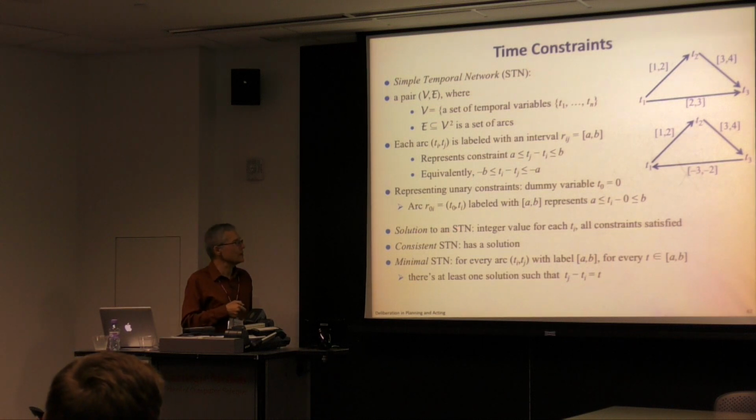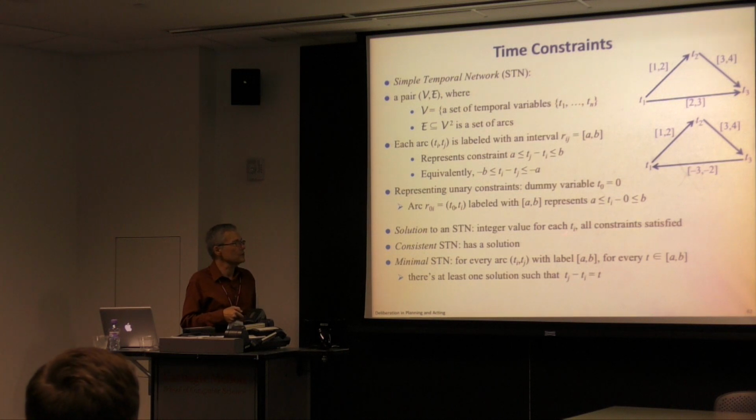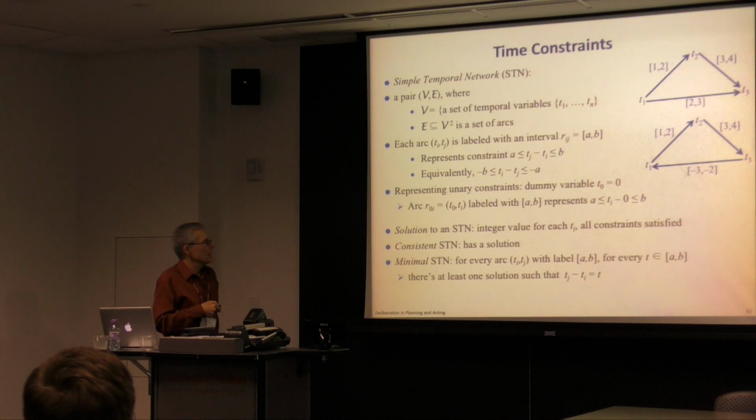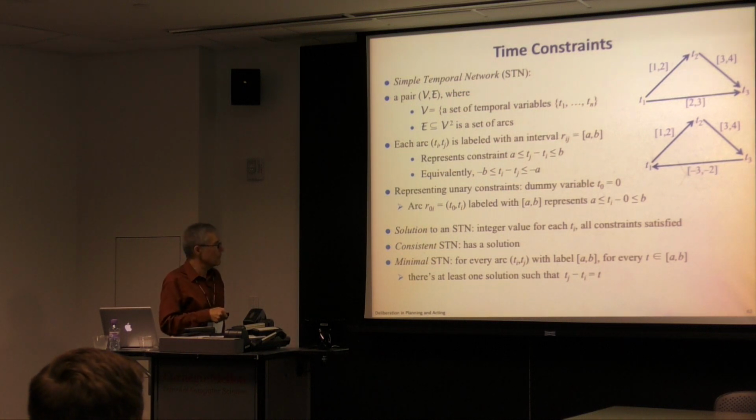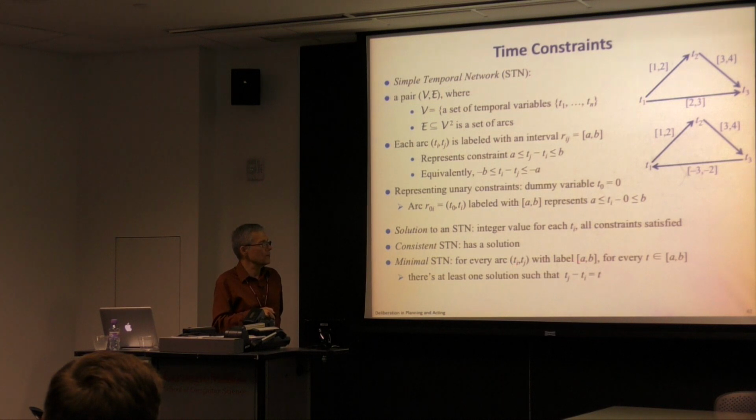So a solution to a simple temporal network would be where you have an integer value for each one of the time points and all of the constraints are satisfied. The network is consistent if it has a solution. It is minimal if it has the property that for every arc with an interval [a, b], and for every time point within that interval, there is at least one solution such that the difference between ti and tj is that time point.